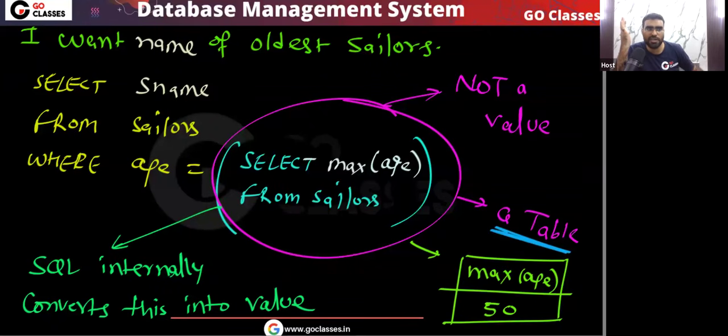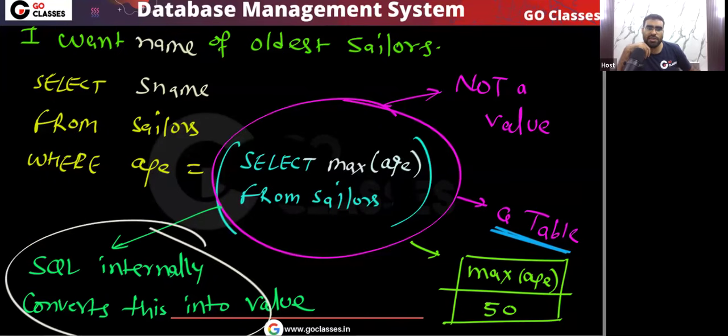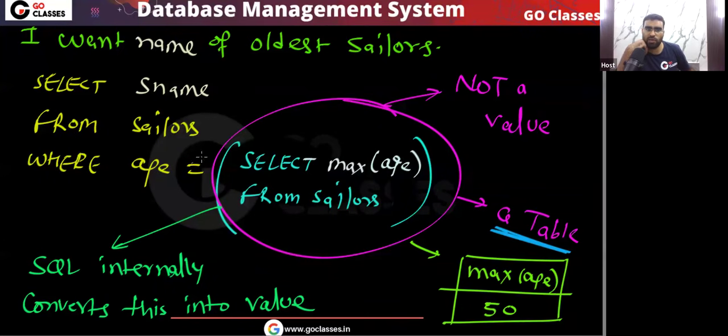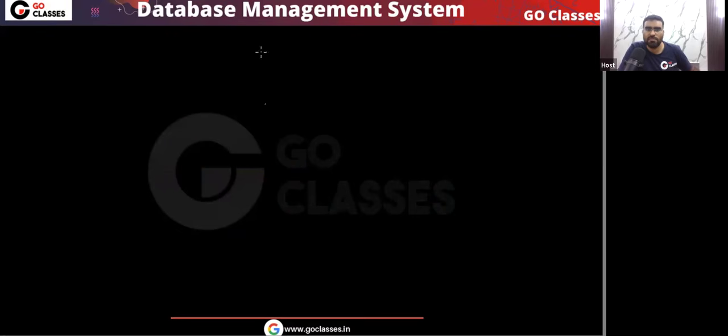When we use an aggregate function inside the subquery, SQL will internally convert it into a value if you write age is equal to this. So this solution is perfectly fine. Let me know, is this point clear?